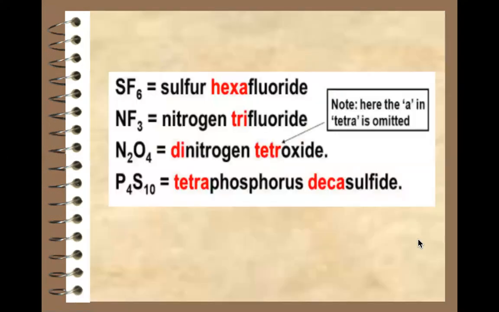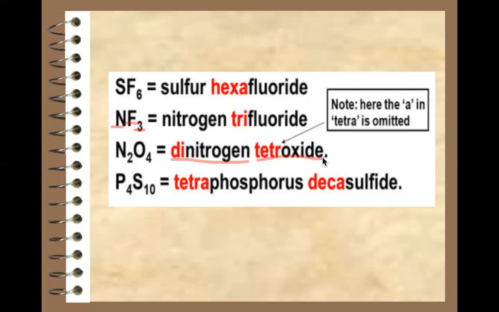And more examples. Look at this one, sulfur hexafluoride. Then the second example, nitrogen trifluoride, where tri means 3. Then the next one, there are 2 nitrogen, so write dinitrogen. There are 4 oxide, so tetroxide.